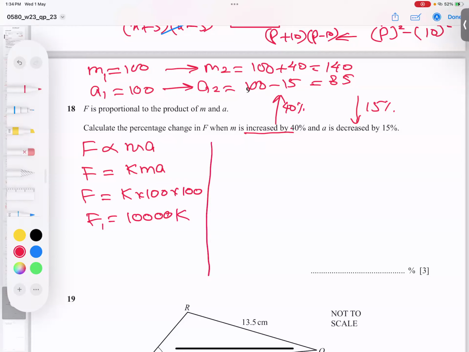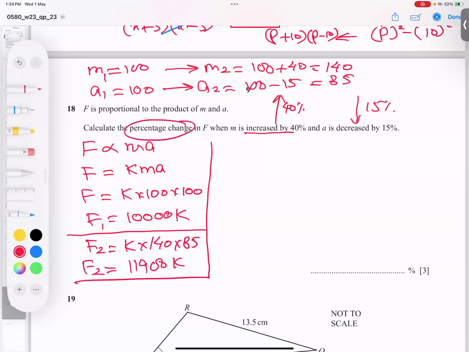Same way, students, I will find the second value, and I will plug in these numbers here. What is F2? M value is 140 and A value is 85. After multiplying, I got 140 into 85, I got 11900K.